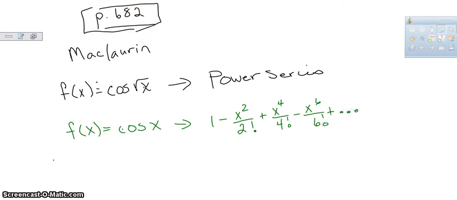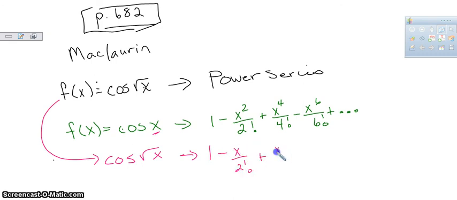So if I want to find the cosine of the square root of x, basically instead of using x in my power series, I take the square root of it. So it becomes 1 minus x over 2 factorial plus x squared over 4 factorial minus x to the third over 6 factorial, and that goes on. That's how easy it is.